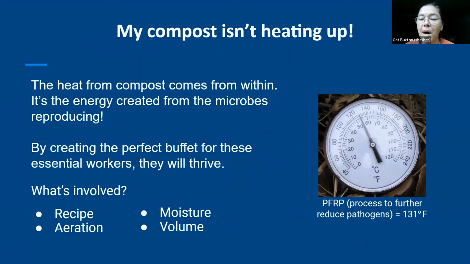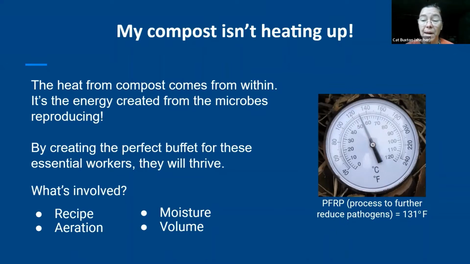So the compost thermometer is your best friend when trying to understand the cycle of your particular compost pile. Every pile is its own biological living organism that needs to be treated as such. Creating that perfect buffet involves making sure they have the right food, the right balance of food, and we're going to go through some of those things in detail.